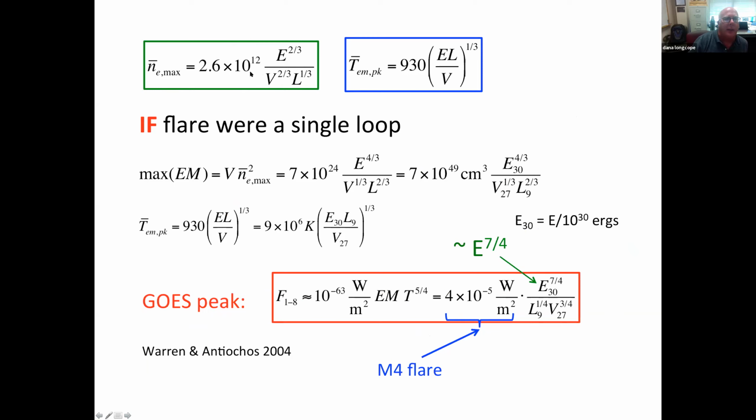And here's how it scales with all the components of the flare. V is the volume of the flare. That actually matters. E is the total amount of energy that went into the flare. One of the things that doesn't enter into this is how long you took to add that energy. The reason is because you're assuming that you've added the energy, evaporation has happened, and it's happened basically by redistributing all the energy you added.